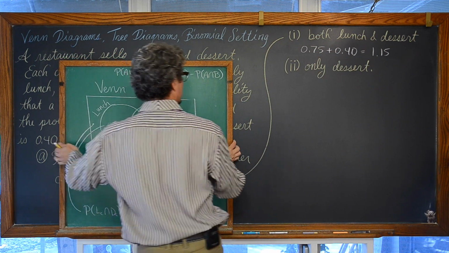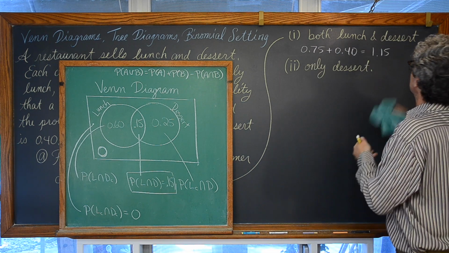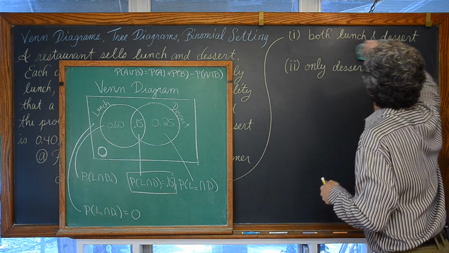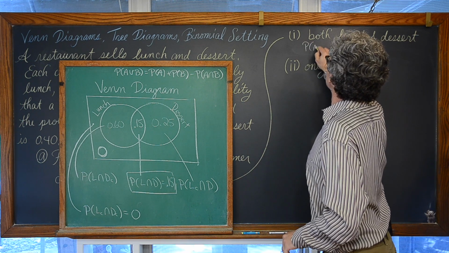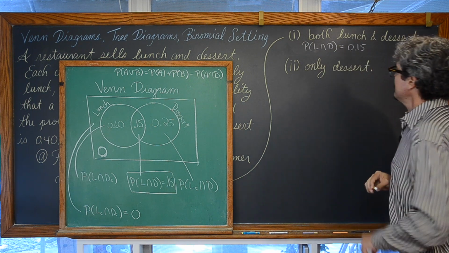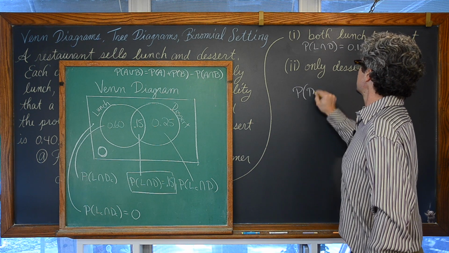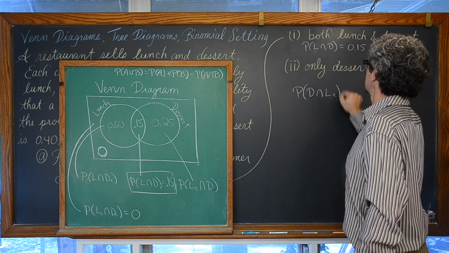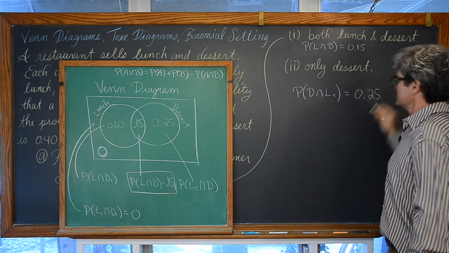Okay, so now with this as our tool, I bet it's going to come in really handy for some other parts of this question. The probability that the person buys lunch and dessert is 0.15, and the probability of that person only buying dessert, so basically dessert and not lunch, is equal to 0.25.